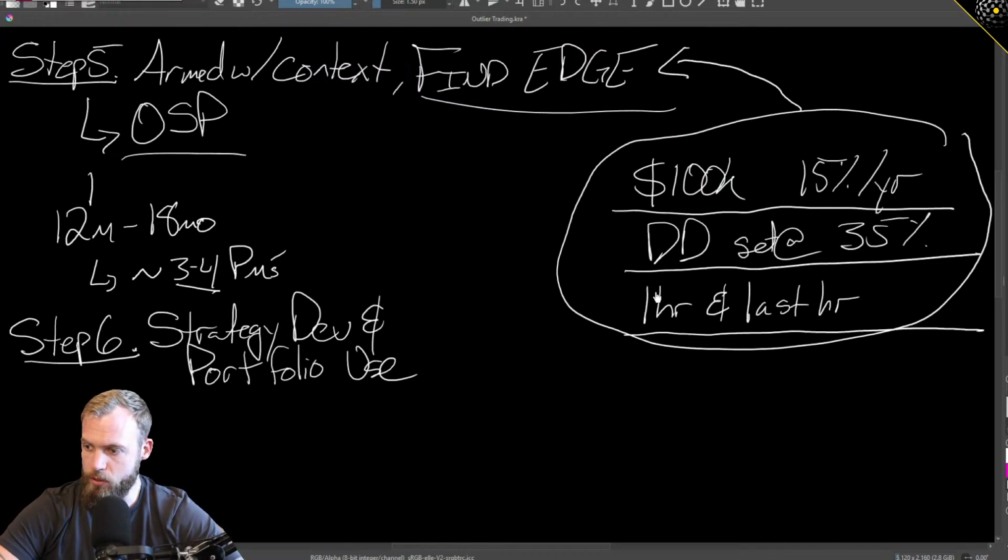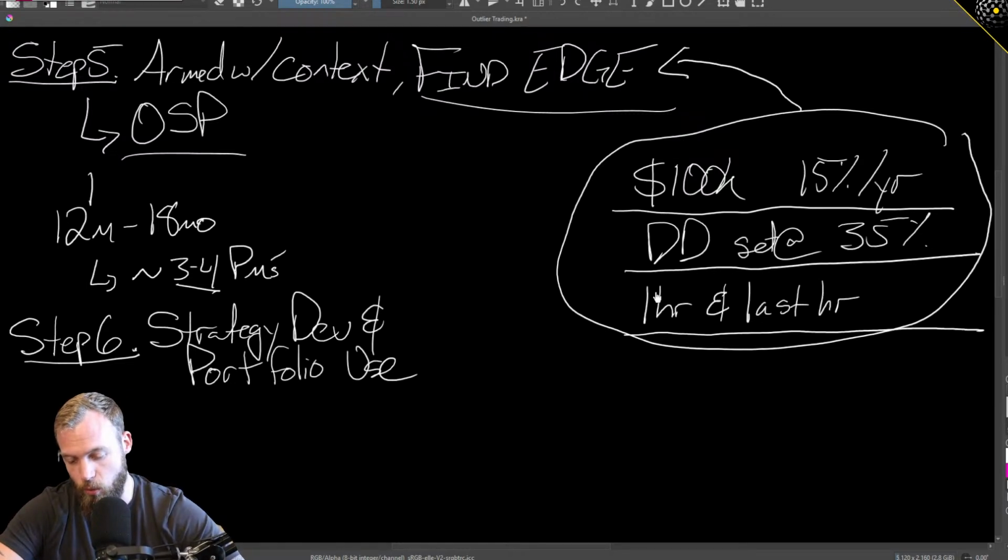Paulo says, how do you know that you've found an edge? That's an absolutely great question. And the funny answer to that is the way that you know you found an edge is when you don't have to ask anymore, which I know sounds kind of silly, but it is the exact truth. Once you are onto something that you can consistently see results of some sort with some sort of predictive value that is based on something logical, then you know that you're probably onto something and you'll see it start to materialize.